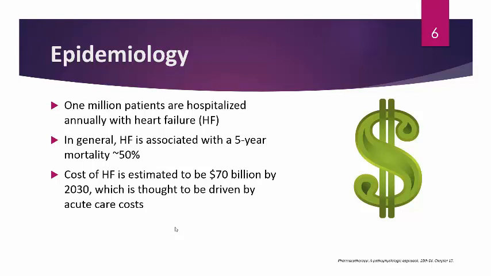And a lot of this cost is actually thought to be generated by acute care costs. So basically treating patients in the hospital versus treating patients on the outpatient side. So essentially, a lot of what is driving costs now is actually having patients in a hospital being treated for acute decompensated heart failure versus actual chronic management of heart failure.